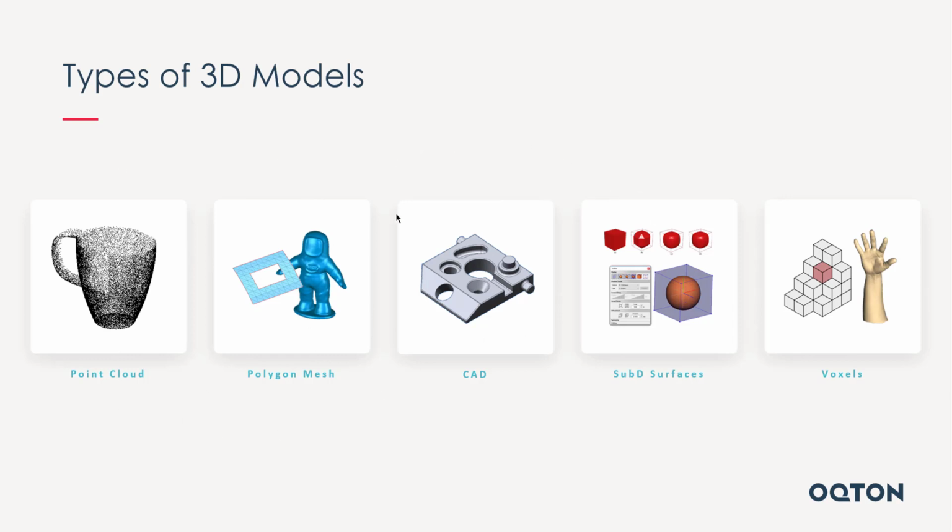Now, a very, very distant 3D model type that has very little to do with the polygon mesh and point cloud is the CAD model. CAD models are made of NURB surfaces, non-uniform rational basis spline. That is a type of math that is used to represent 3D shapes inside of software.